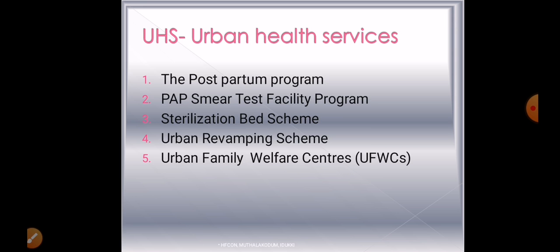These all were the health services especially focusing on the urban area. In the urban area especially, the services rendered are family welfare services and the MCH services. These two services especially have a separate wing for urban health.